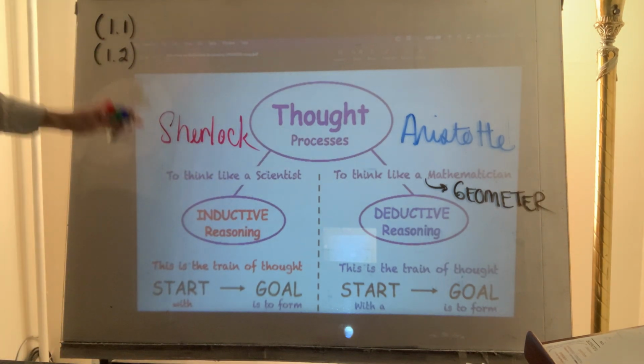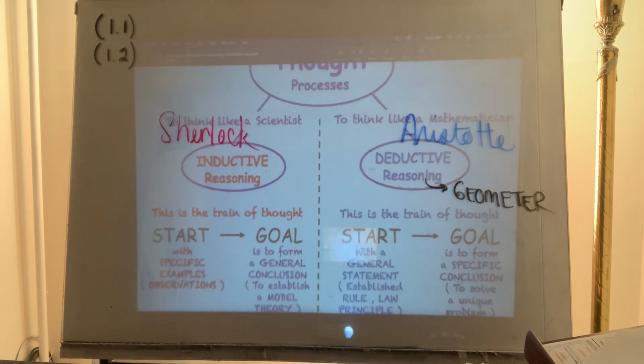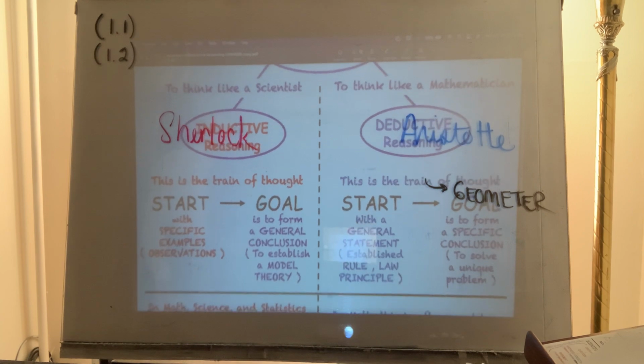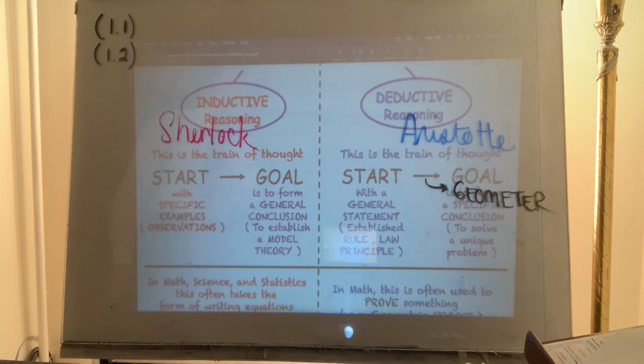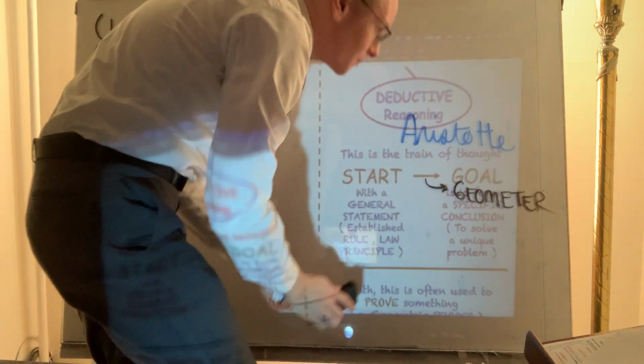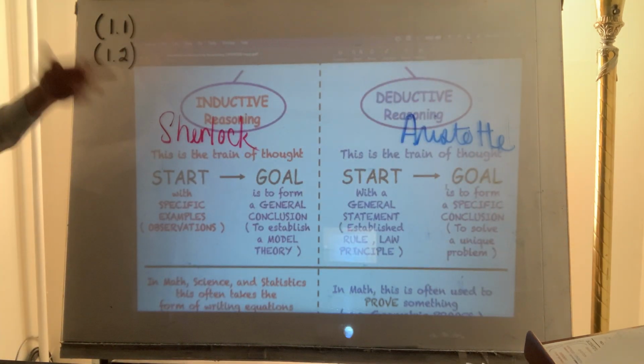Here is the thought process as sort of a linear paradigm. This is the train of thought.